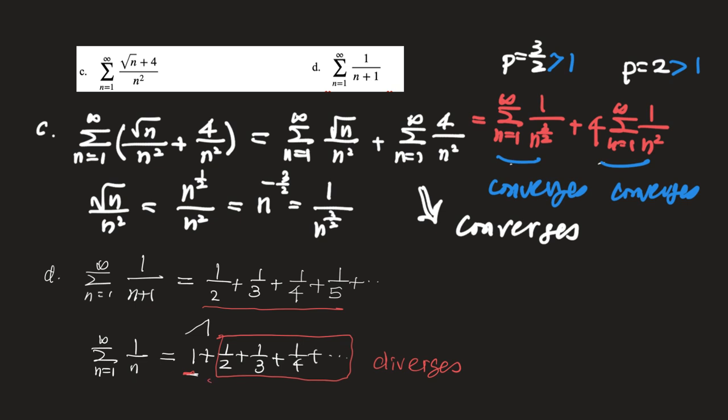So the whole 1 plus 1 over 2, 1 over 3 diverges, and adding all terms except 1 still diverges. So we also say this is a harmonic series. The missing first term doesn't impact the convergence or divergence property. This one is part of the harmonic series.